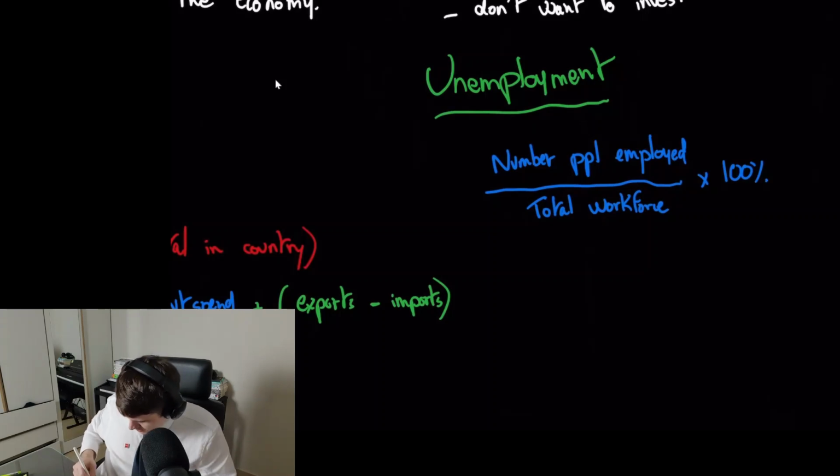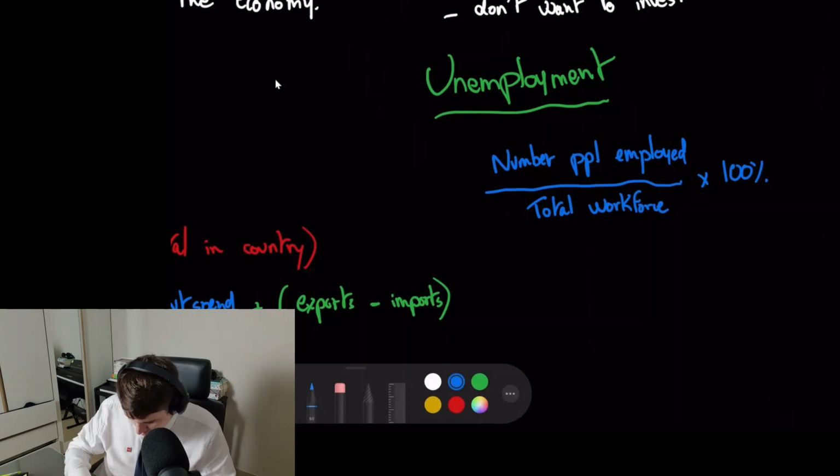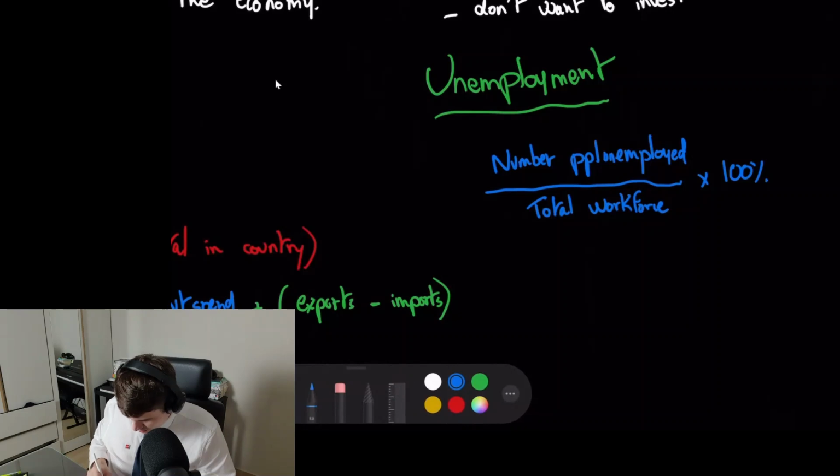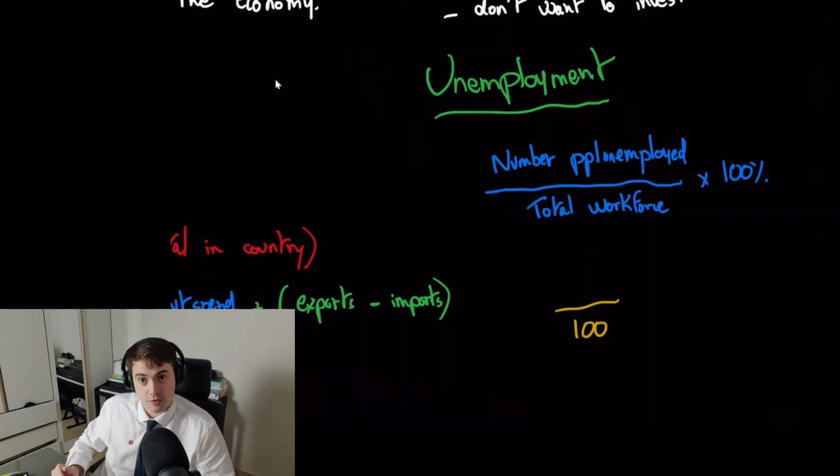Sorry, I've made a typo. Unemployed. Number of people unemployed. So let's say there is 100 people working in the country. So a total is 100. Sorry, I said 100 people working. No, 100 people that are able to work.